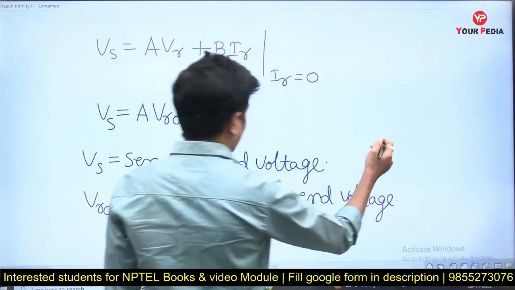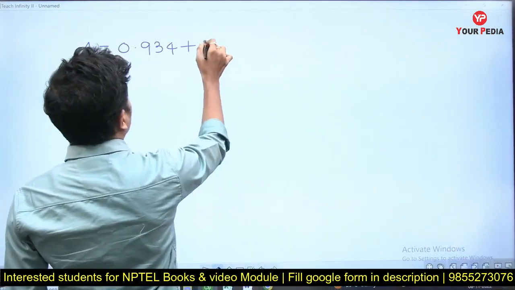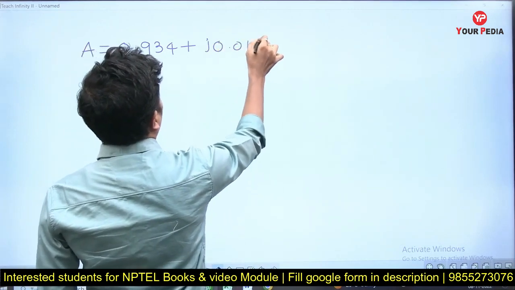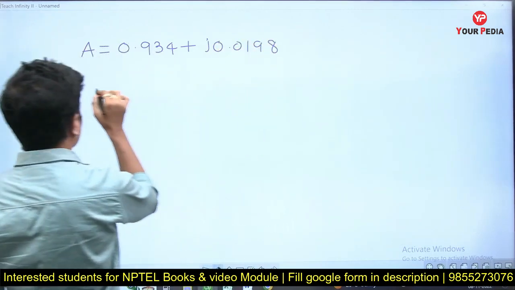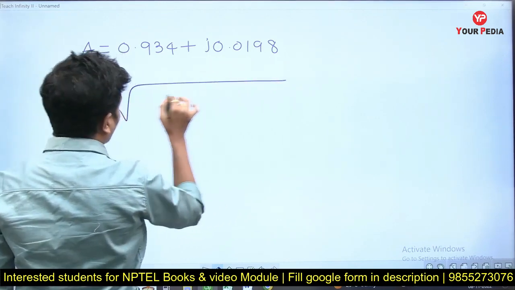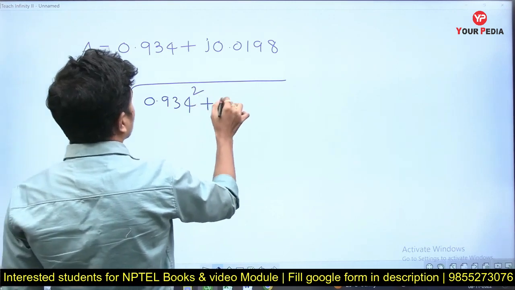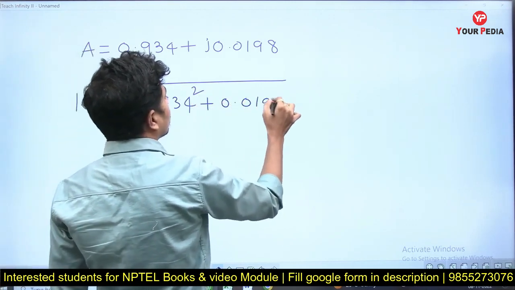I want its magnitude. Magnitude of A is equal to under root of 0.934 square plus 0.0198 square.